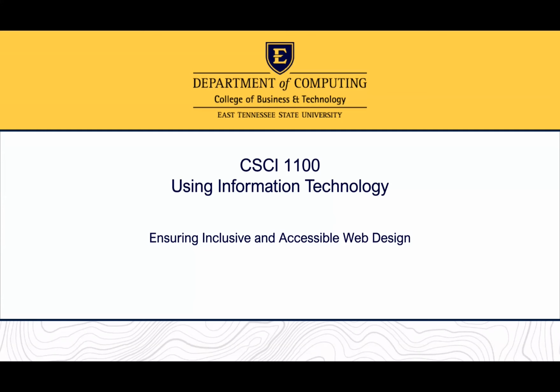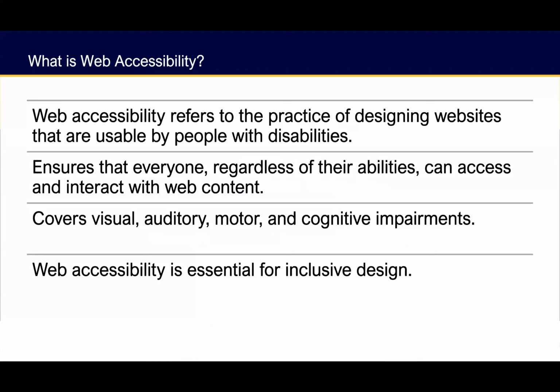Okay? Now, there's a couple of things about web accessibility. It's going to cover visual elements. So this is a lecture video with some visual elements. We're looking at a PowerPoint presentation. You're listening to me, so there's some auditory components.